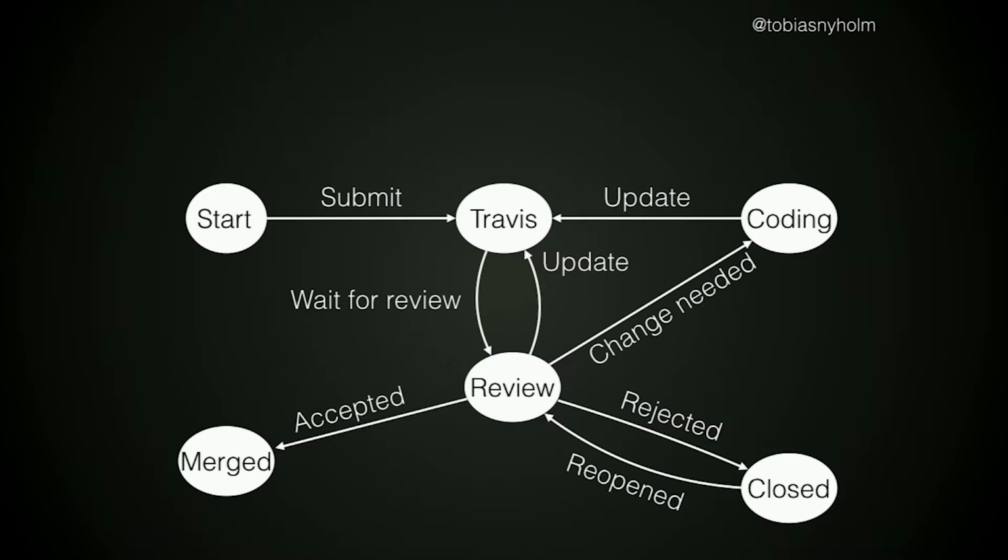So what is this a state machine for? I hear pull request and PR, and yes, this is the state machine for a pull request. I don't know how much open source you're doing, but you submit a PR, and then Travis runs for a while, and you obviously find some issues.